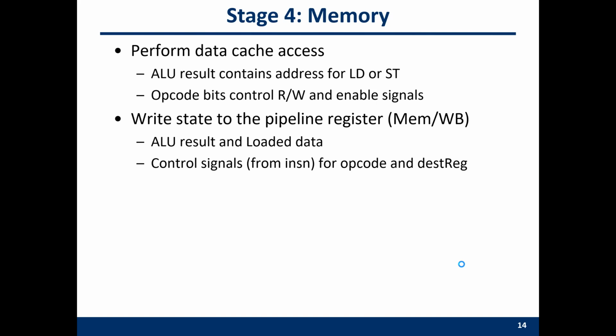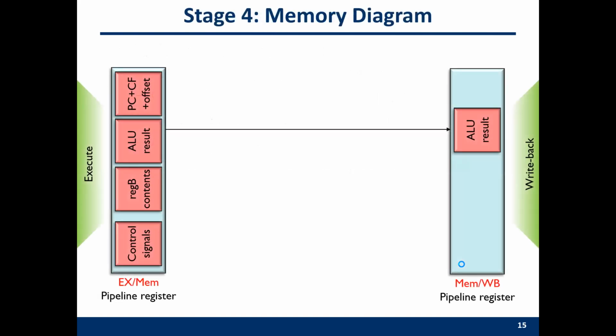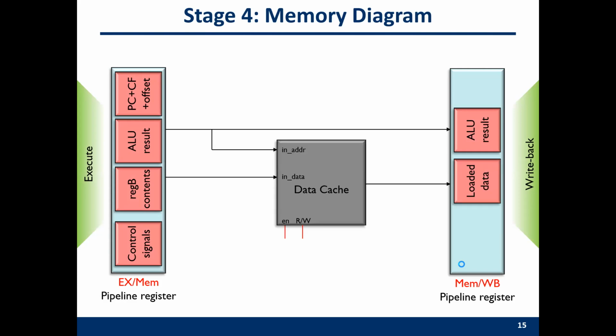So in this stage, memory access stage, we actually read the data from data cache. We will process the instruction like load and store. After we, so why the register B?